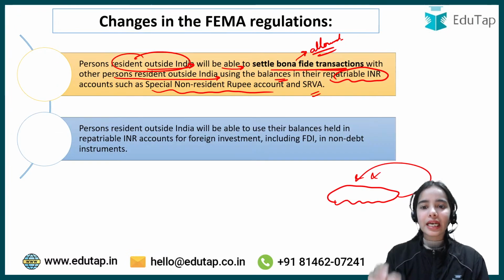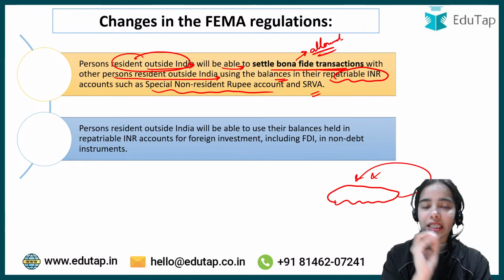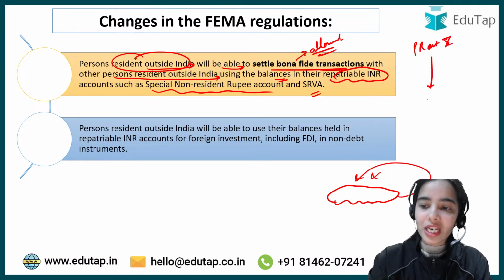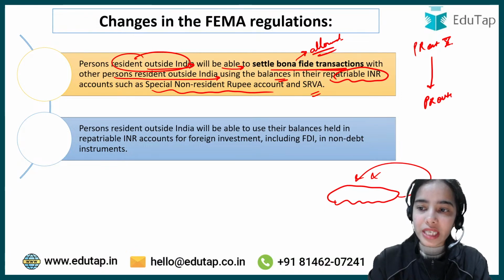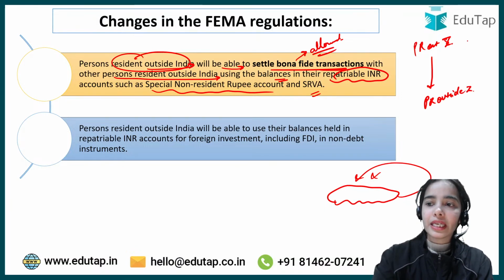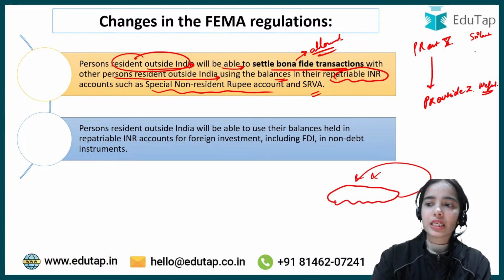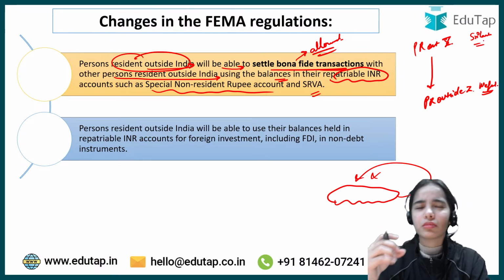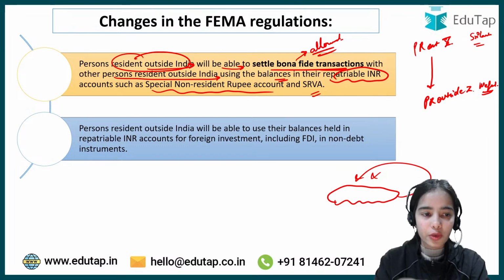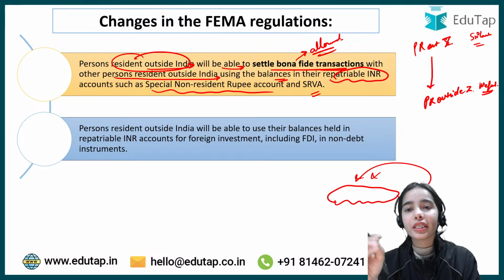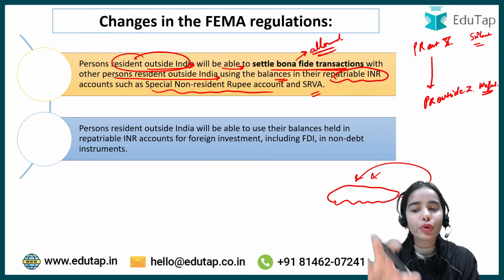Now it is said that a person resident outside India can also trade with another person resident outside India. Okay, like let's say there is Sri Lanka and there is Nepal. Both these countries' currencies are weaker than the Indian currency, we can say. So let's say their exporters or importers want to trade in INR.